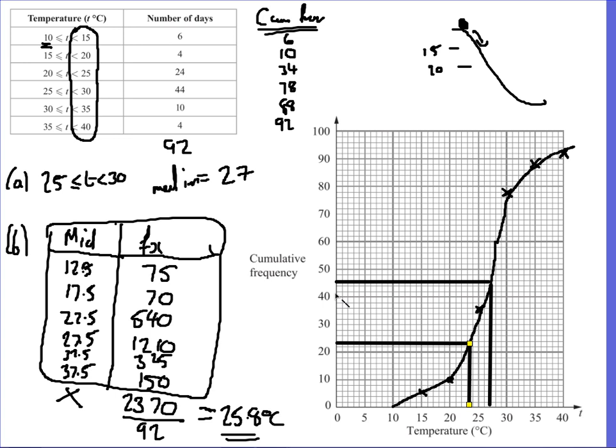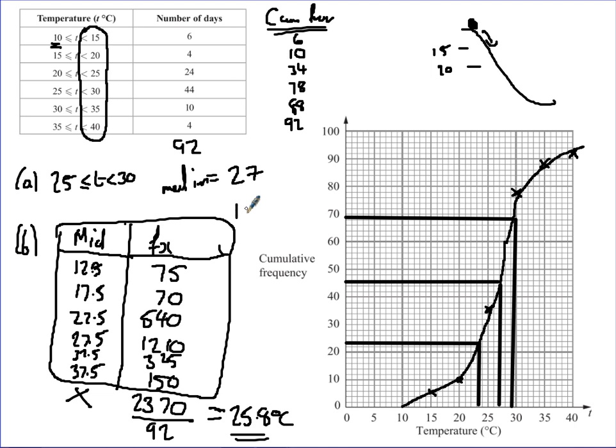So it'll give you this, and then add 23 onto your 46, which will then give you 69, and go across at 69, and then come down, and then you take 1 off the other. So the interquartile range is this number here, so we'll say 30 minus then 24, which gives you 6.